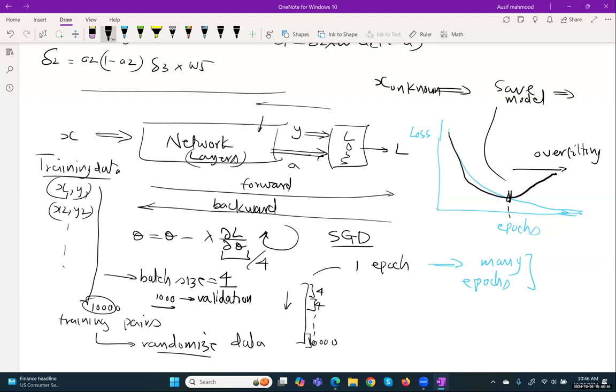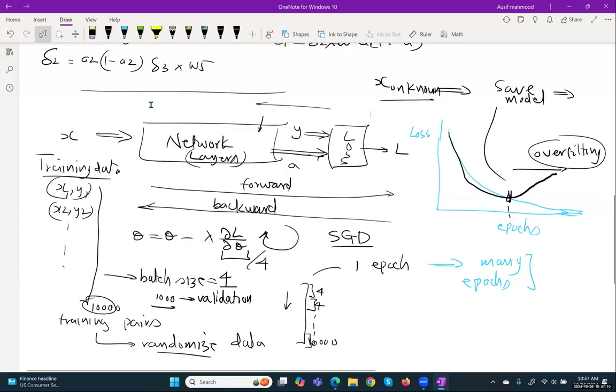Okay, so as I mentioned, overfitting can occur due to many reasons, due to more training of the data. Okay, so one of the key things in deep learning is we want to create models which work best on unknown data. Okay, meaning we want to avoid the overfitting.